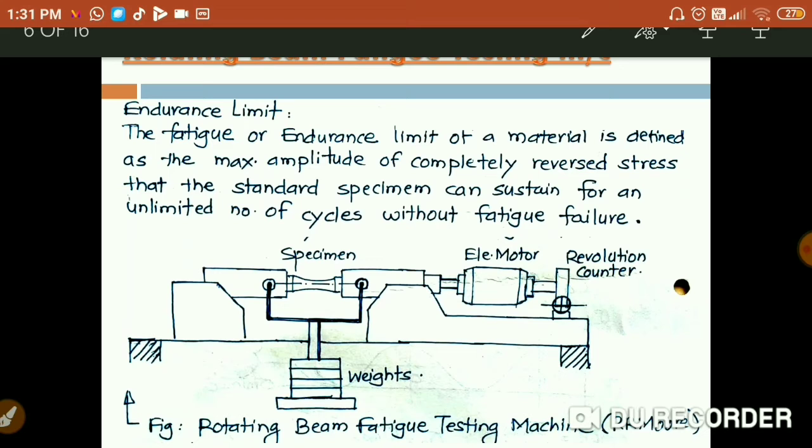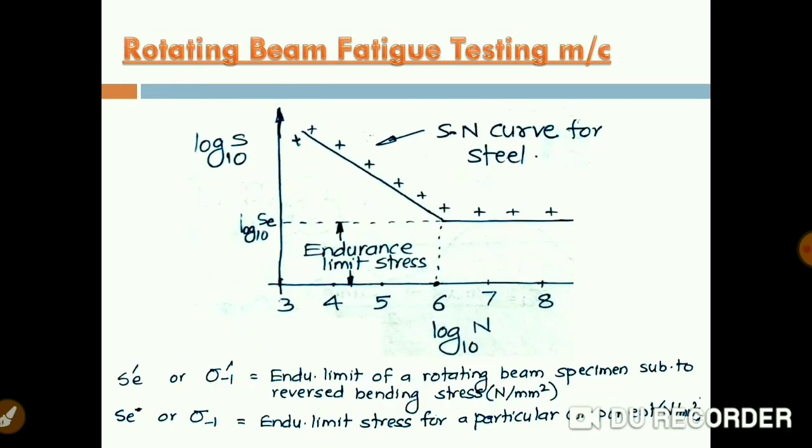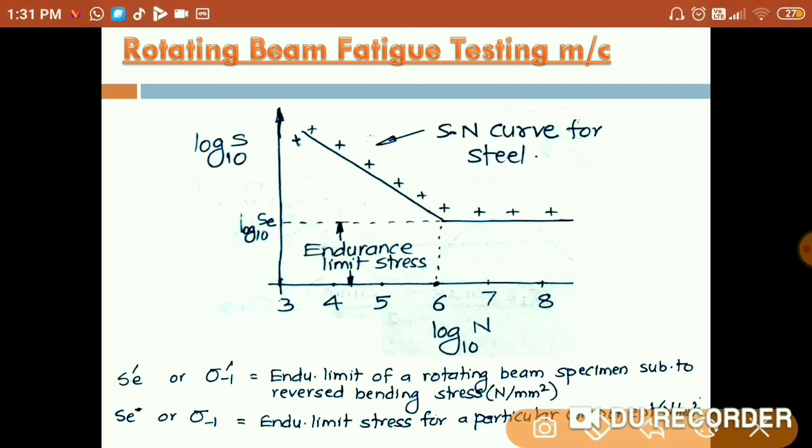The results of these tests are plotted on an SN curve, which you can see here. The SN curve is a graphical representation of applied stress versus number of cycles before fatigue failure on a log paper. So it is to be plotted on a log paper.